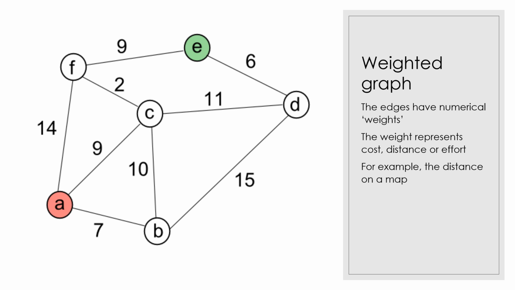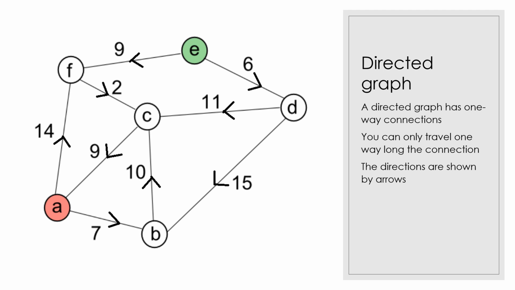But the numbers represent how much work it takes to get from one place to another. So to get from B to D is quite a lot of effort. The number is 15. To get from F to C is not very much effort. The number is 2. So now you know what a weighted graph looks like.